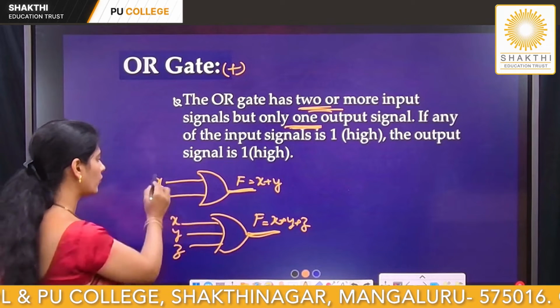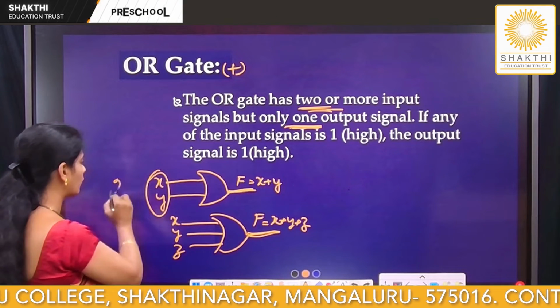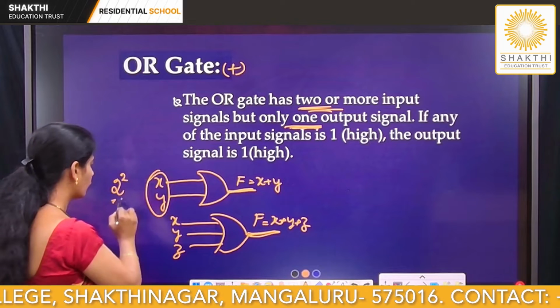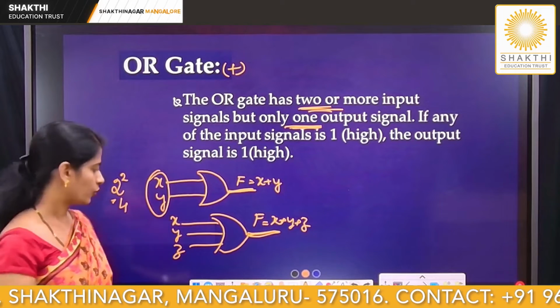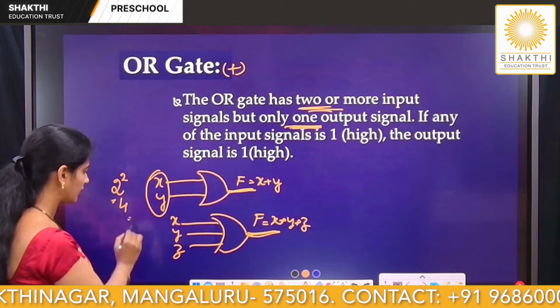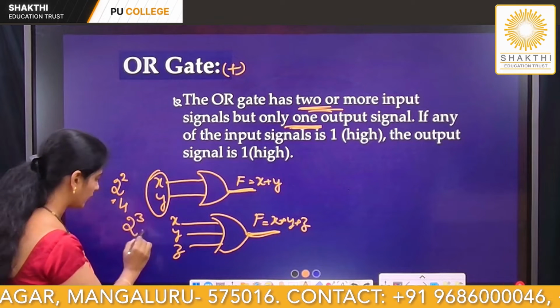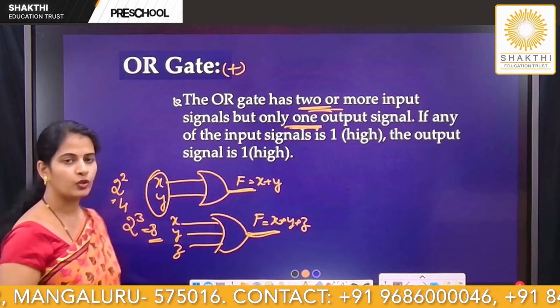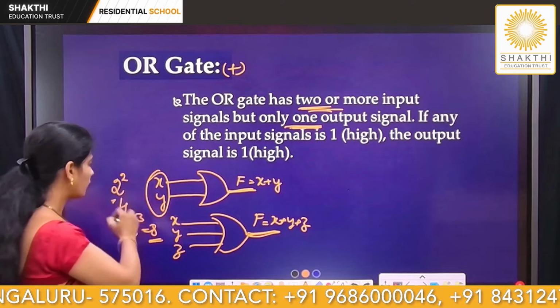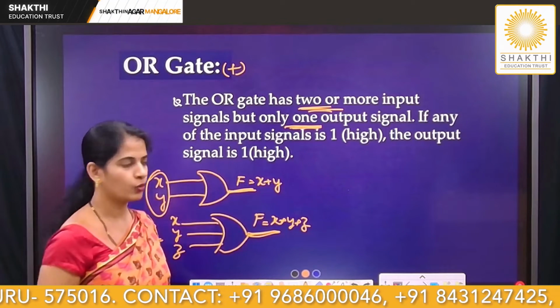With 2 inputs you have 2 to the power 2, that is 4 possible combinations of input. With 3 input signals, 2 to the power 3 is equal to 8 possible input combinations. Let's see how the output will be.